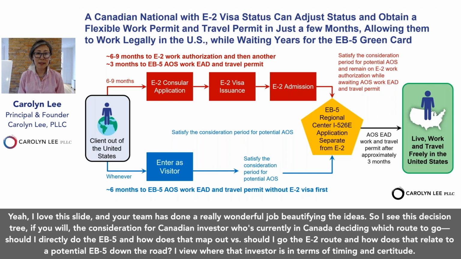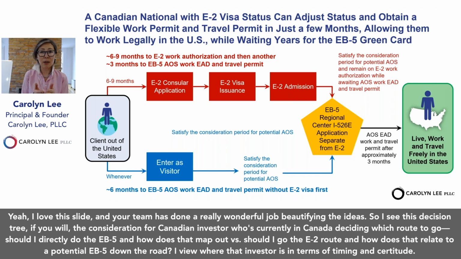Yeah, I love this slide, and your team has done a really wonderful job beautifying the ideas. So I see this decision tree, if you will, the consideration for a Canadian investor who's currently in Canada, deciding which route to go. Should I go directly to the EB-5 and how does that map out?